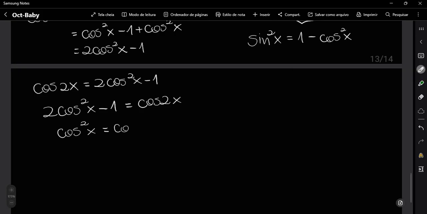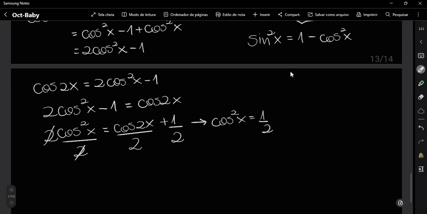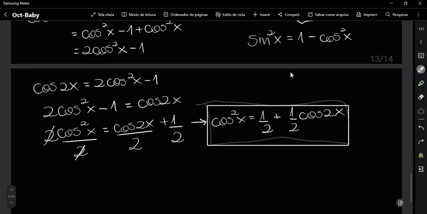So cosine of 2x plus 1, and now dividing both sides by 2, and right here is 2, and we will obtain cosine square of x equal to 1 over 2, or 1/2, plus 1 over 2 times cosine of 2x. Okay.